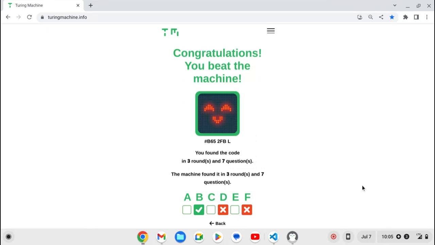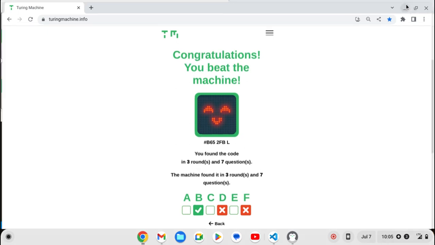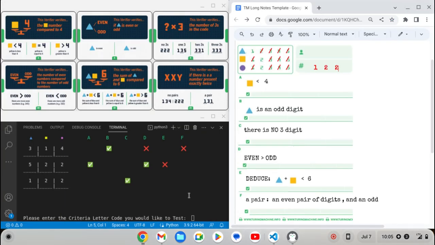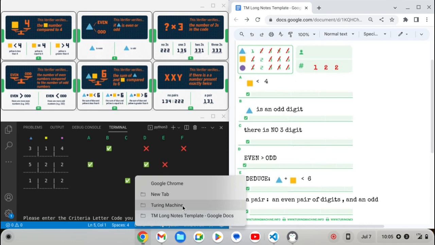Obviously, mine was accidental, right? I had already established that with D, we had more evens than odds. So second round, D was accidental, but such is life. And sometimes that will happen.